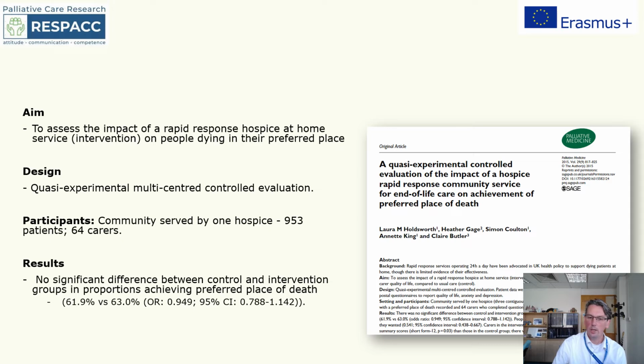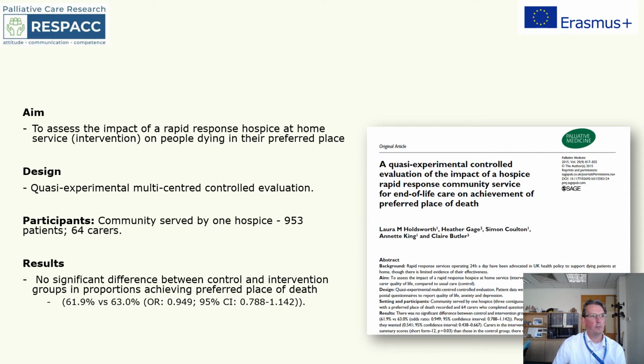They looked at community services within hospices and had over 900 patients and 64 carers. Interestingly, there was no significant difference between the control group and the intervention group in the number of patients being able to have their preferred place of care in terms of where they died. And it's really valuable.